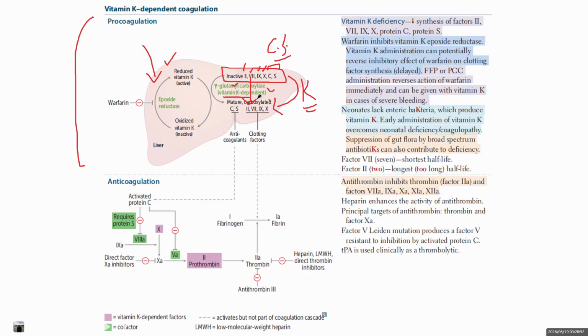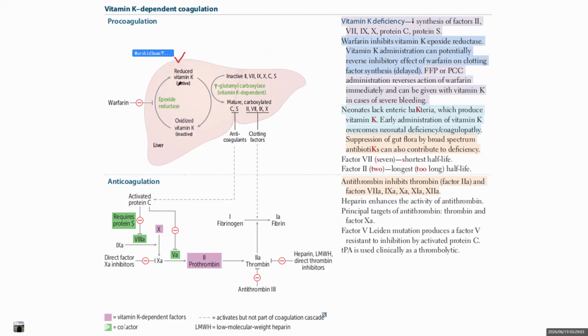Now we are going to make the whole situation quite simple. You have to remember one simple thing. We have the vitamin K's reduced form in the liver, which is the active form of vitamin K. After being used, this reduced form is oxidized and becomes inactive, right?